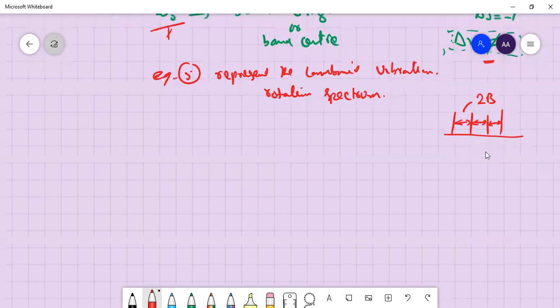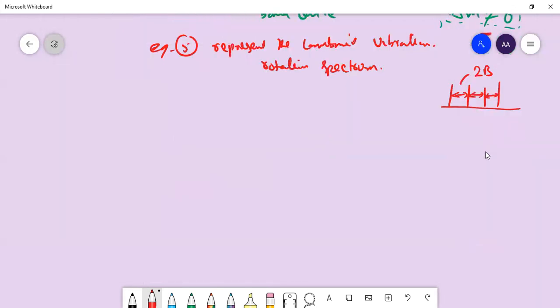So if we draw the vibration rotation spectrum of a molecule, the band origin is given by omega naught bar, and the line at omega naught bar itself will not appear.